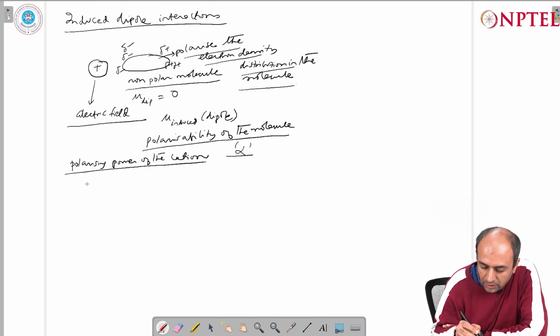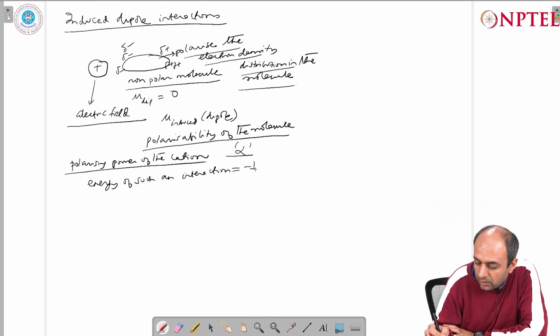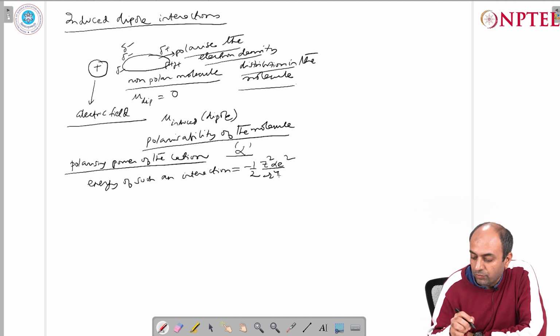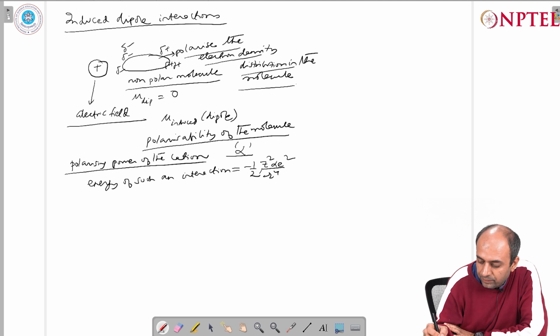So now the energy of such an interaction is minus half z square alpha E square by r to the power 4, where z is the charge on the cation.